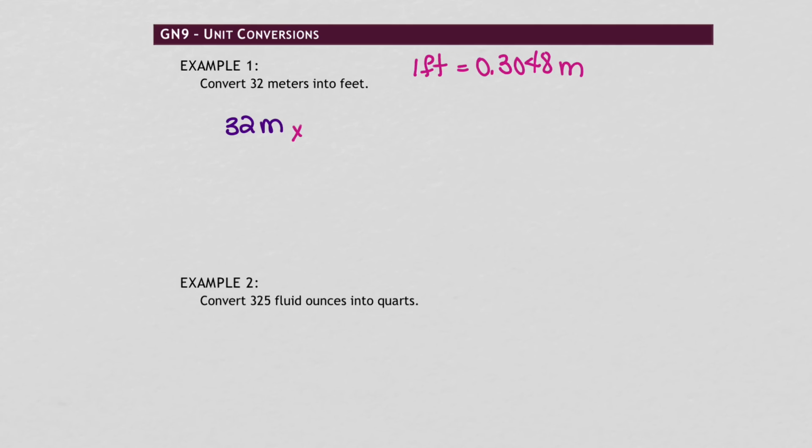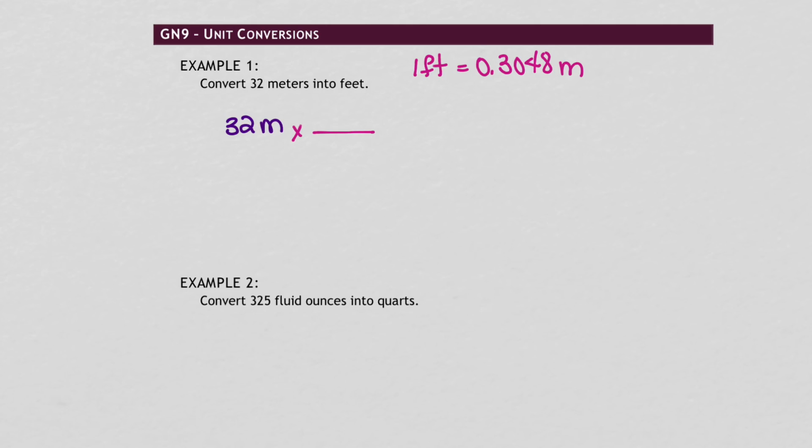So what we're going to multiply by is this factor, and we're going to make it into a fraction. When we do that, we need to make sure that our meters will cancel out. And we know that to cancel things out, the fraction has to create a 1. So we need meters on top in one case and meters on the bottom in another.